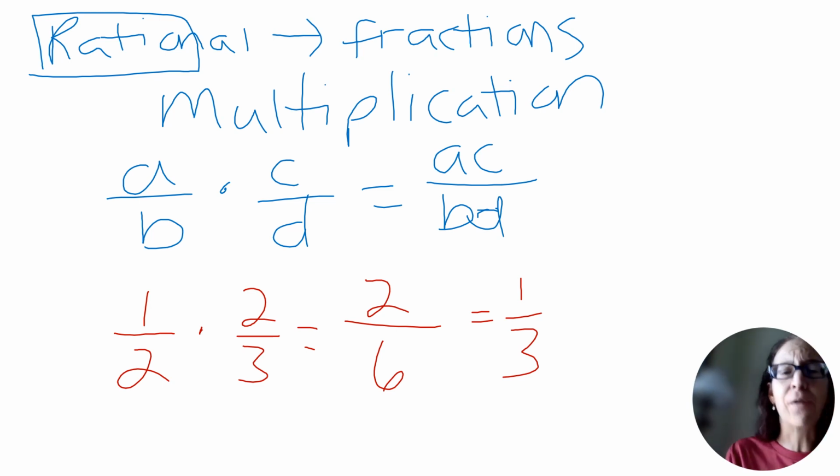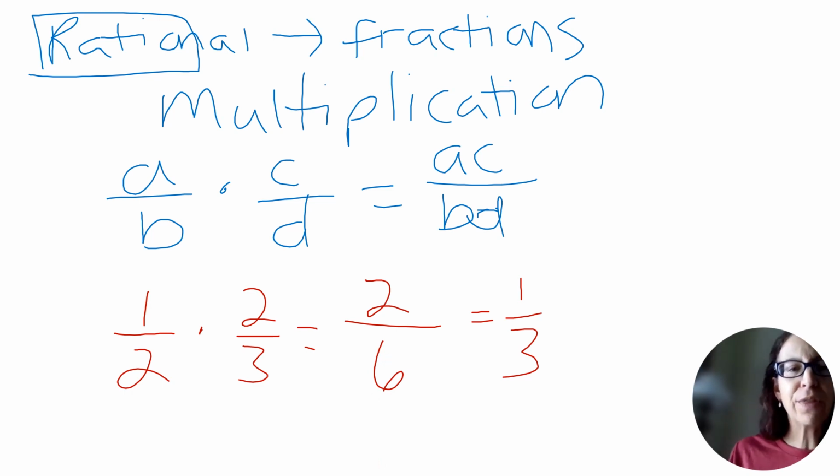But here's the deal. If you take a close look at what happened with the numbers here, we multiplied 1 times 2 to get the 2, and then 2 times 3 to get the 6. But the way I would go about simplifying it is to factor these and cancel the common factors. How would I factor the 2? Into 1 times 2. And how would I factor the 6? Into 3 times 2. And then I would cancel out the common factor of 2.